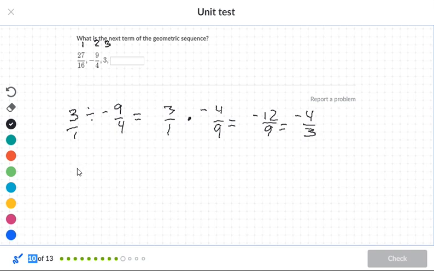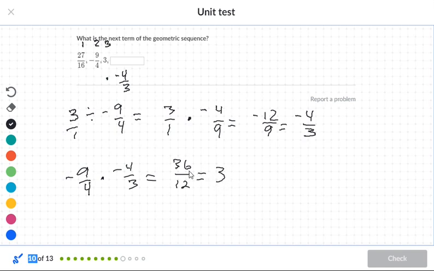Let's say that we took the negative 9/4, and I believe that we're timesing by a negative 4/3 each time to get the next number. So we're going to take this negative 9/4 and we're going to times it by the negative 4/3. So this is going to be 36 over 12, which is 3. So that is true.